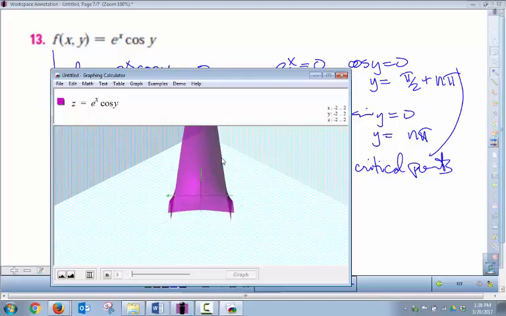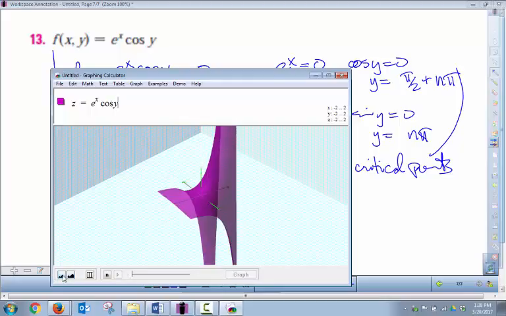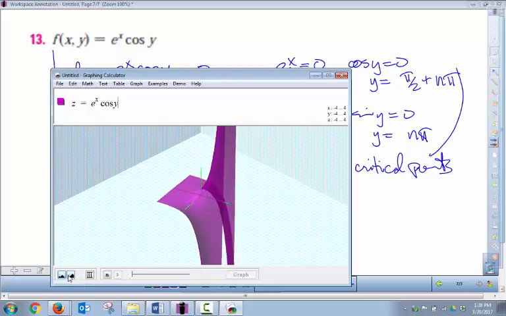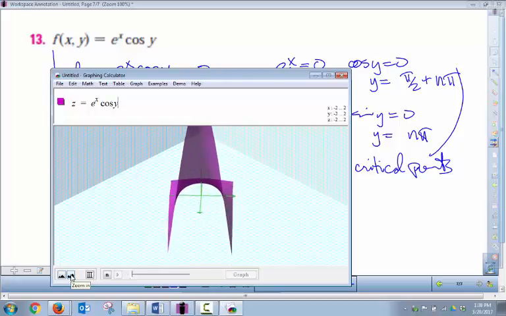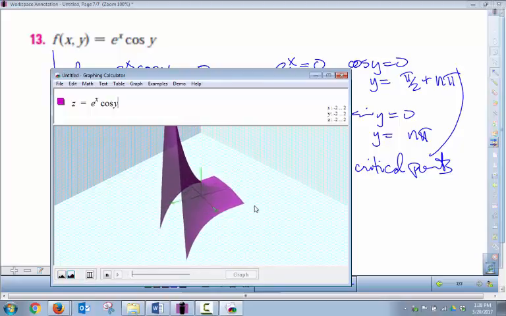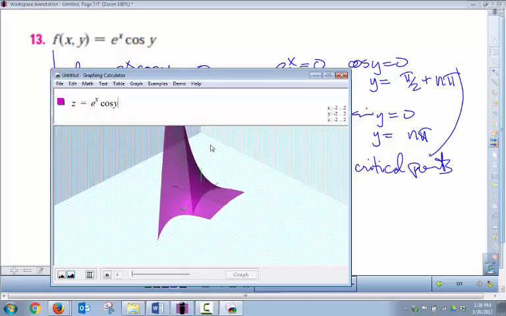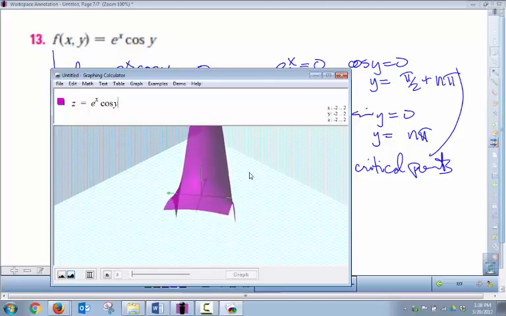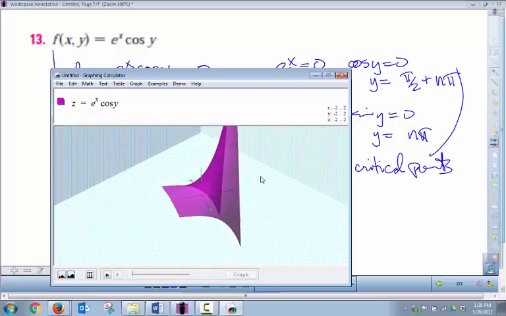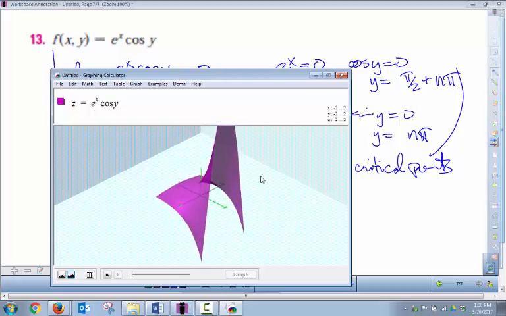Yeah, these points keep going. So we can keep zooming out, and they go further out. That's all we got. Well, it is an exponential.